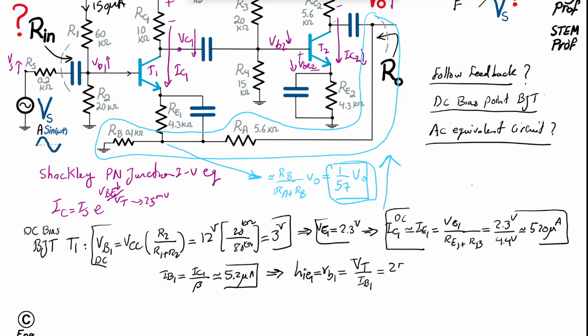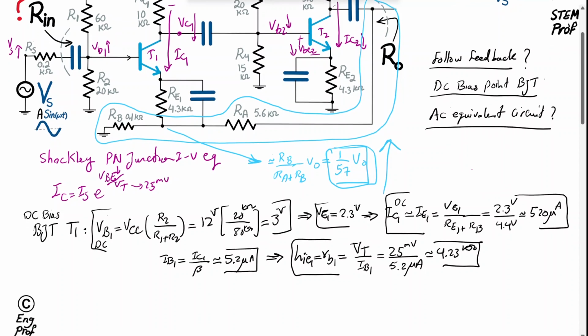So it's 25 millivolt, again assuming the PN junction of this transistor is roughly at room temperature, divided by the base current, 5.2 microamp. So that will give us roughly 4.23 kilo ohm for the RB1, HIE1.